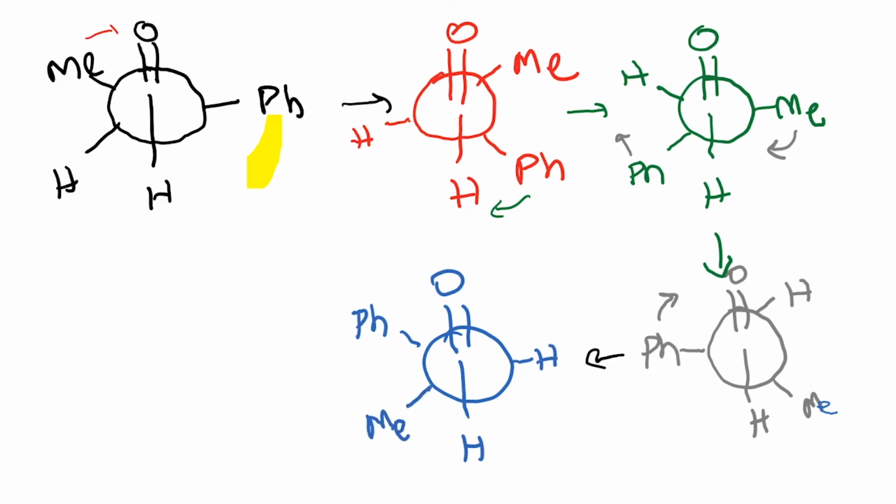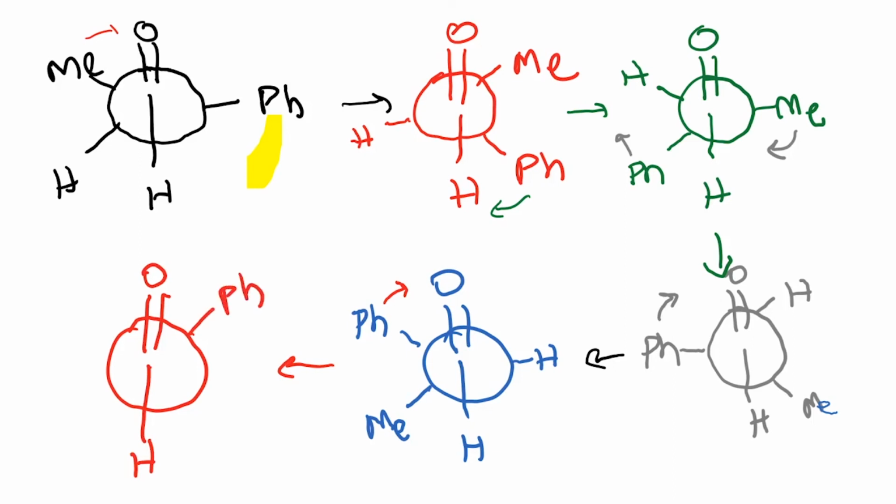Okay, and the last conformation is with the phenyl ring moving further, doing one more round of rotation, and it's going to give you the C double bond O, H, and phenyl ends up here, the hydrogen is over here, and methyl is now perpendicular.